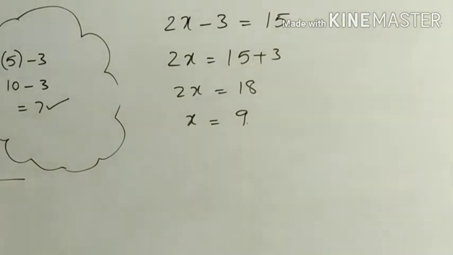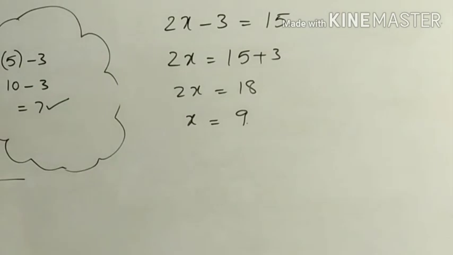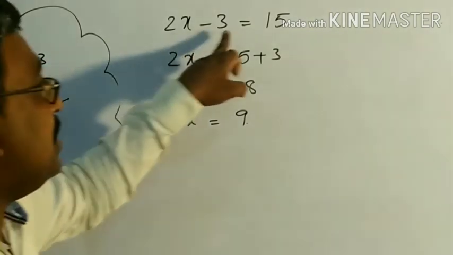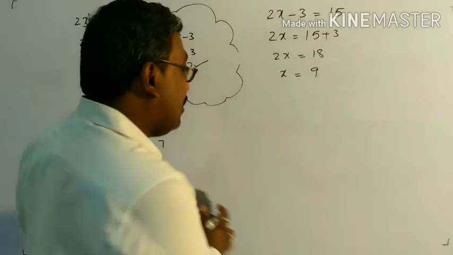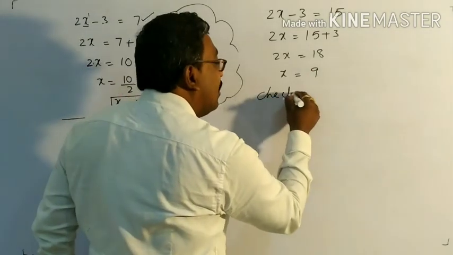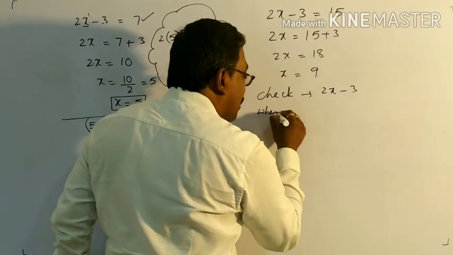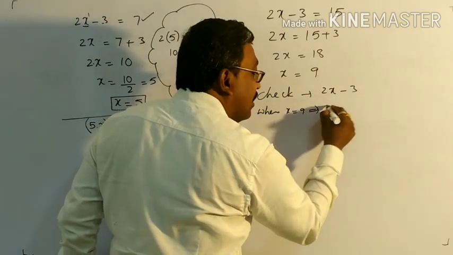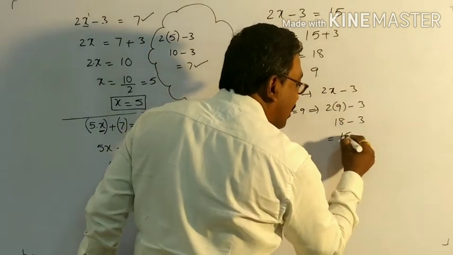Here the LHS is the same, 2x minus 3, 2x minus 3. Here 2x minus 3 becomes 7 when x is equal to 5. Here 2x minus 3 is equal to 15 when x is equal to 9. We'll check. Checking 2x minus 3 when x is equal to 9: 2 into 9 minus 3, 18 minus 3 is 15.